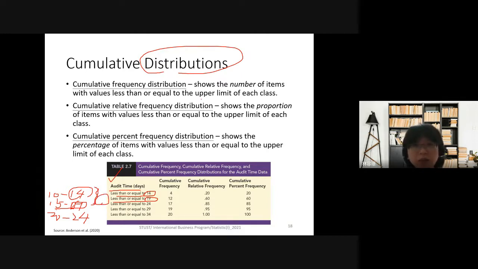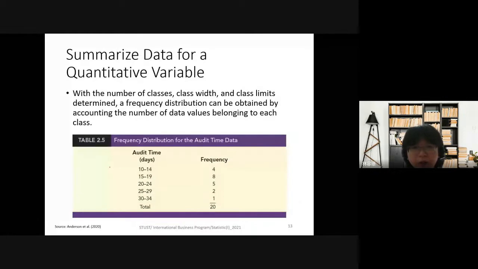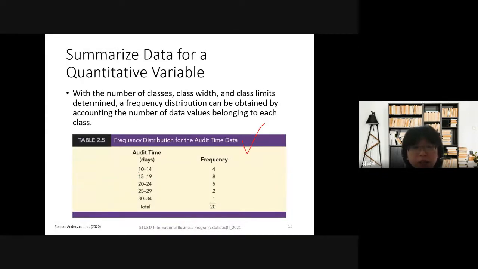It will show the number of items with a value less than or equal to the upper limit of each class. Let's come back to the frequency data. The frequency from 10 to 14 is 4, from 15 to 19 is 8.